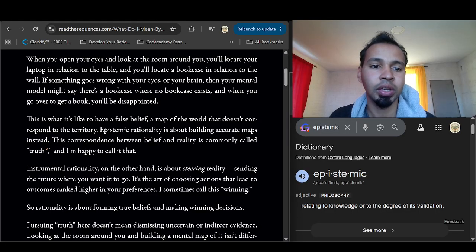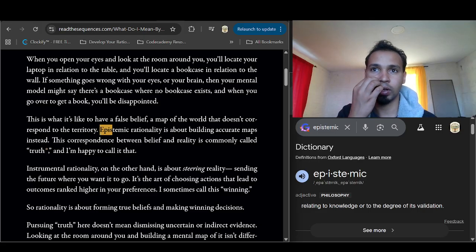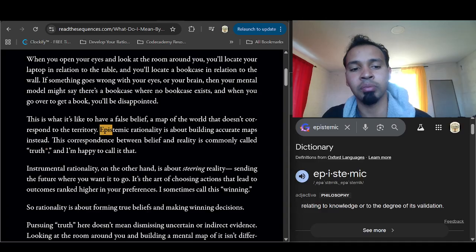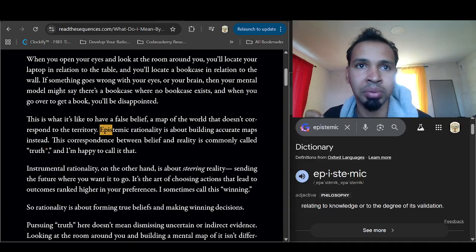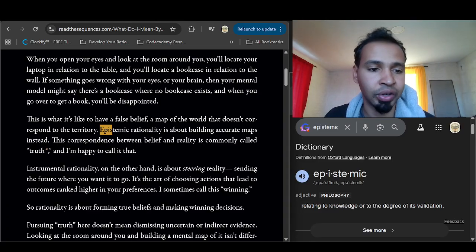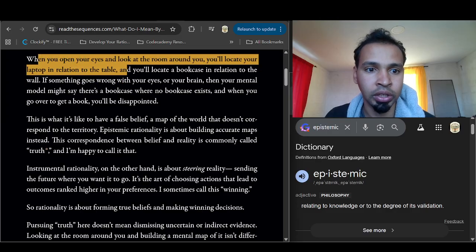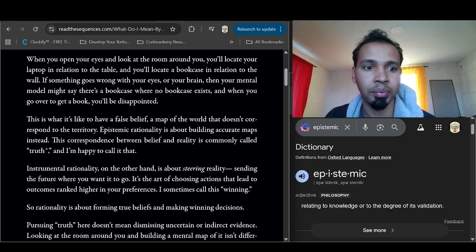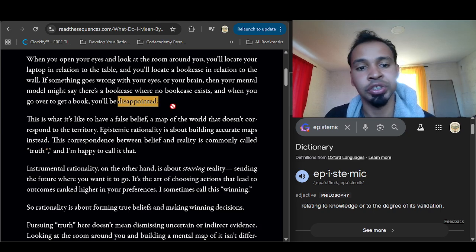So I would say when he gets at beliefs, we've got to be really careful with definitions here. But my take on what a belief is, is an interpretation of reality in a sense, especially based off of where you believe the laptop or the bookcase is located. If that's a belief, then it's kind of an interpretation of reality.